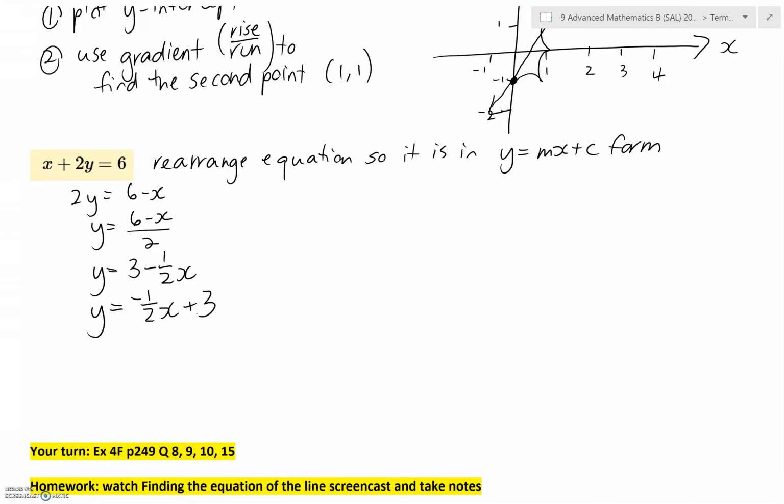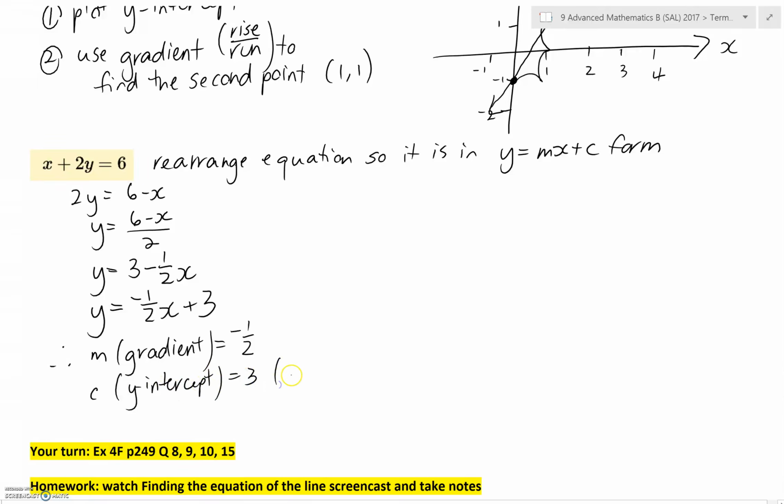So now it's in this form, it's relatively easy to read the things that we need of it. So m, or the gradient, is negative 1/2, and c, or my y-intercept, is 3, which of course means it's 0, 3.